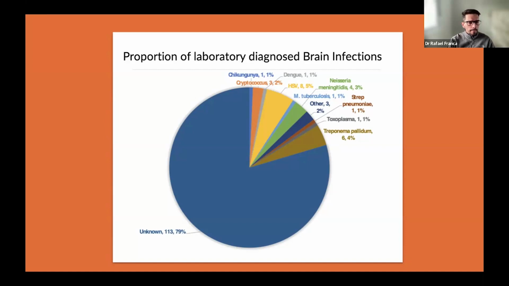Other bacteria, but most of the cases, almost 80% of the cases, were unknown, or they lacked a laboratory diagnosis. This significant finding highlights a critical gap in the diagnostic process for brain infections.